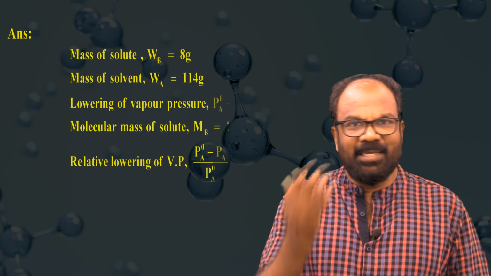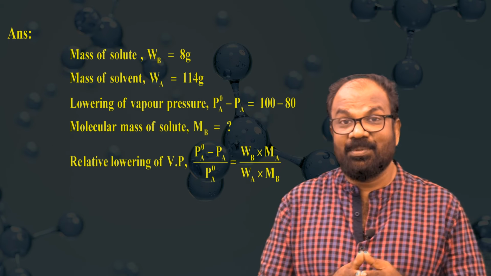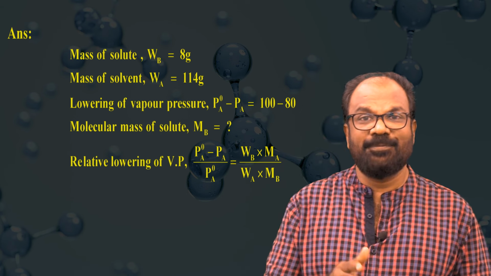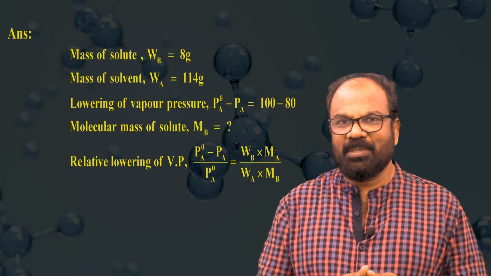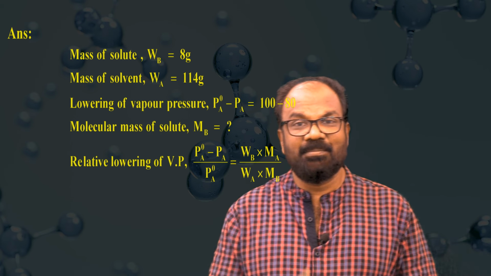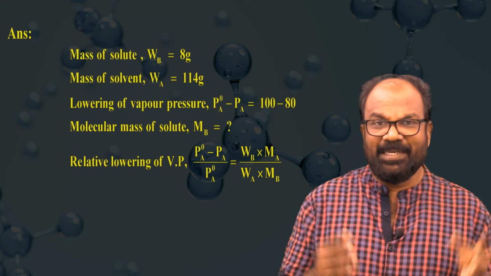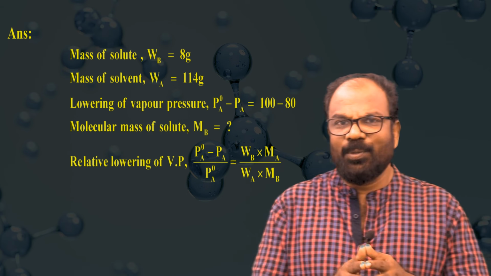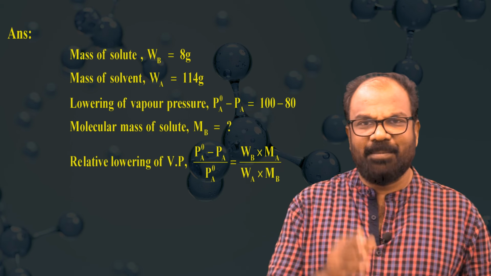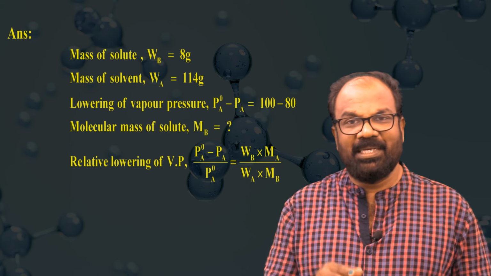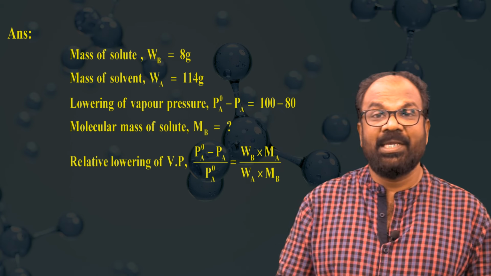Listen, here mass of solute WB is given as 8 gram. Mass of solvent WA is equal to 114 gram. Lowering of vapor pressure, P0A minus PA, is equal to 100 minus 80. We need to find out the molecular mass of solute. We know the relative lowering of vapor pressure, (P0A minus PA) divided by P0A, is equal to WB into MA divided by WA into MB.